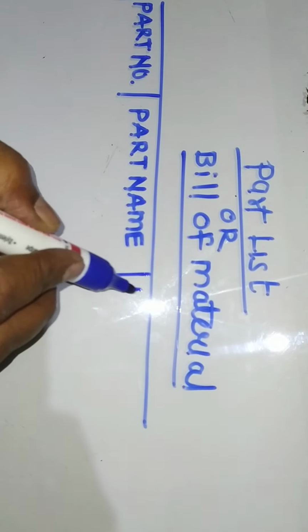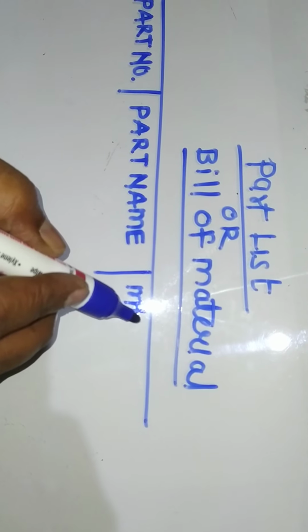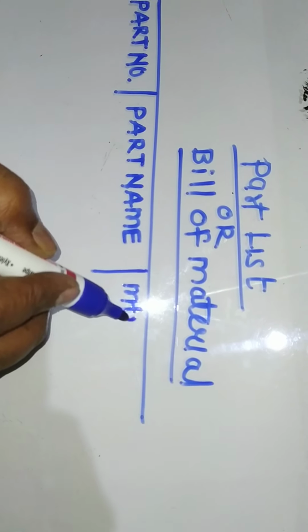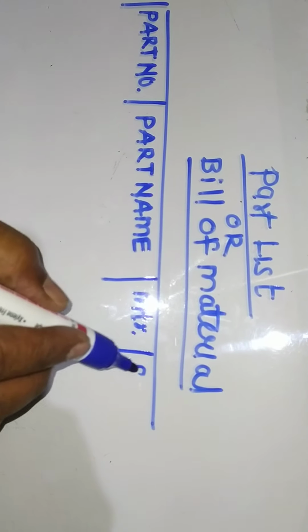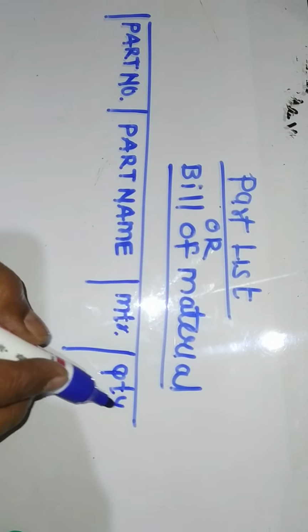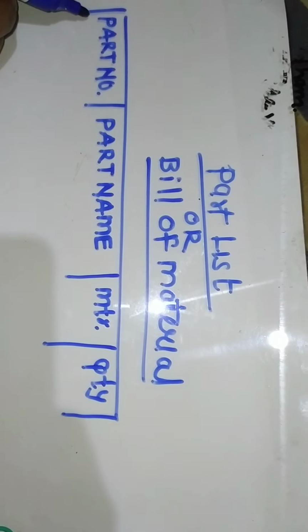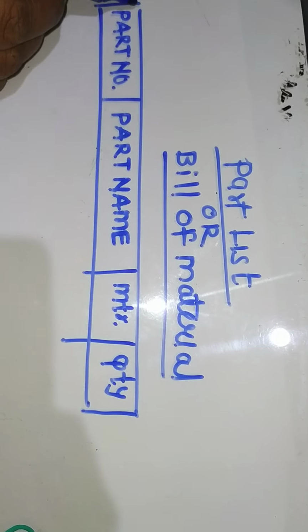Third, material. Fourth, quantity. This is the table we have to prepare.